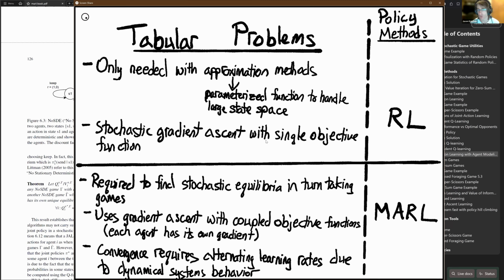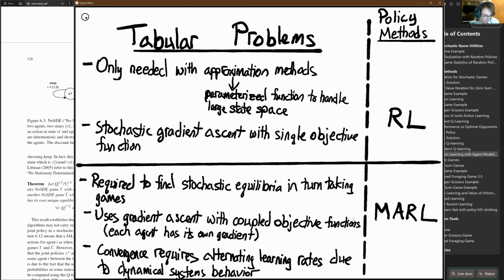You can write down equations that do this, but the difference is that in single agent RL, we have a single objective function, which is the performance of the policy. In multi-agent learning, we have a coupled objective function, because we're trying to find an equilibrium between all the agents. So in general, all of the agents are going to have their own policy function, their own gradient, and we have to find a point where everything is stable, where all of the policies are actually in an equilibrium.